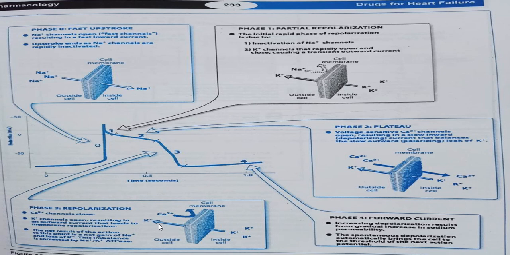The net result is the gain of sodium and the loss of potassium. This imbalance of sodium and potassium is corrected by the sodium potassium ATPases which are present all over the body.